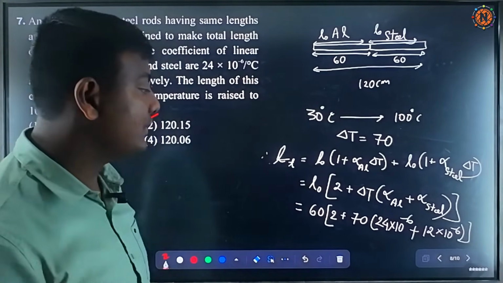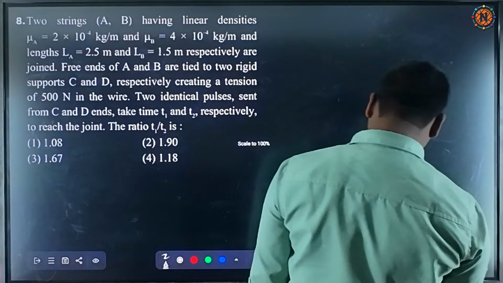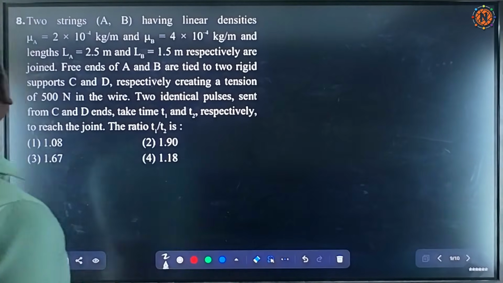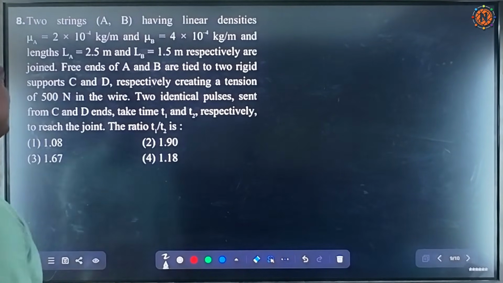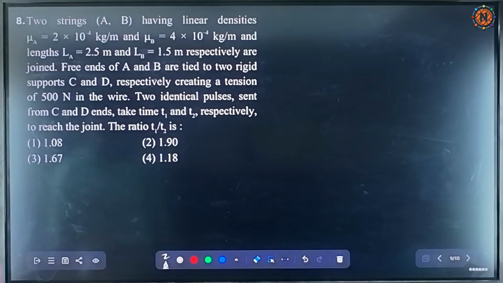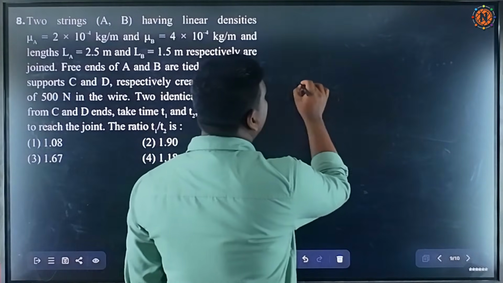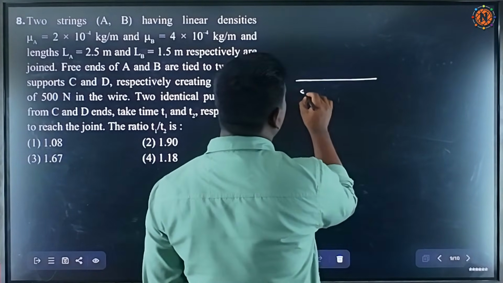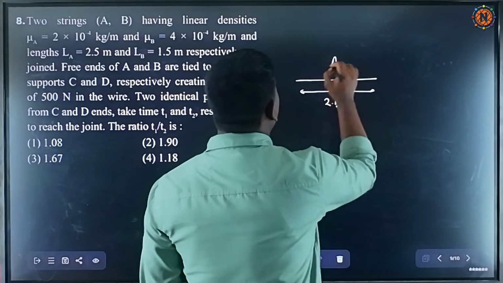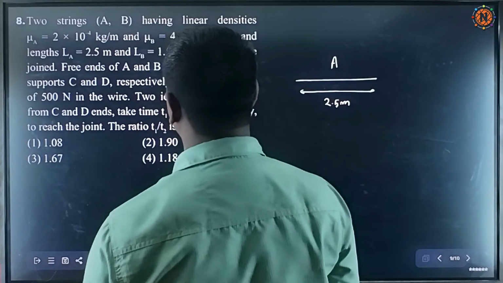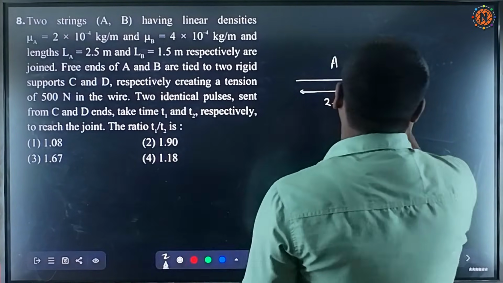Yes, easy. Okay, let's go to the next question, that is two strings A and B have linear densities. Their linear densities are different, lengths are given 2.5 meter and 1.5 meter. Let us draw. This is 2.5 meter length. This is string A and string B has 1.5 meter length and they are joined together.